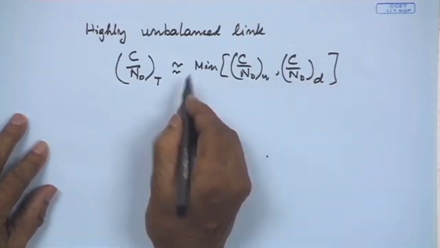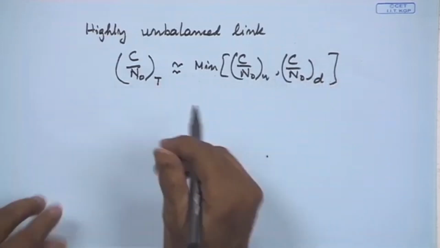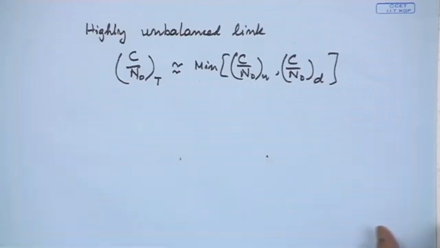Out of that, whichever is minimum, it will be approximately. There you can use always thumb rule to do this type of calculation.